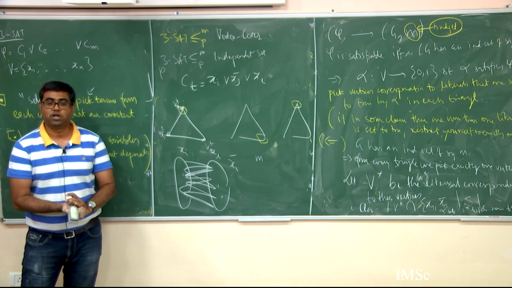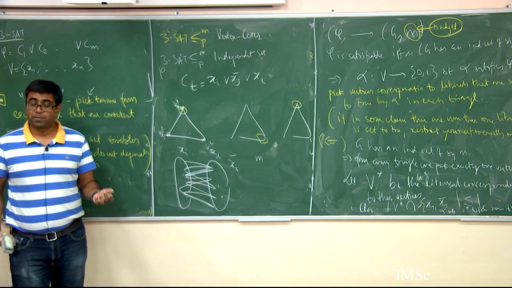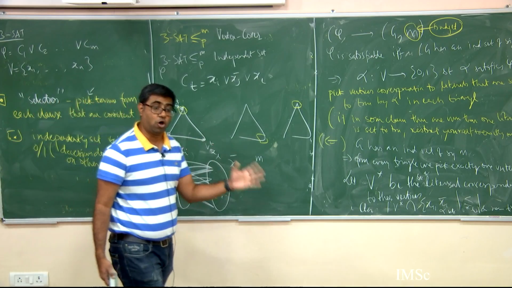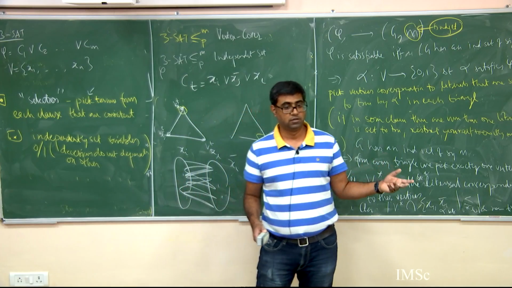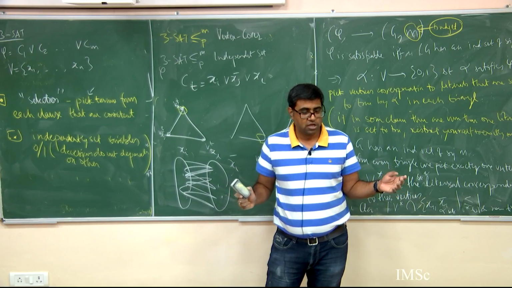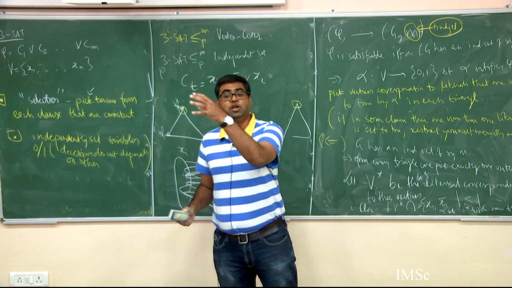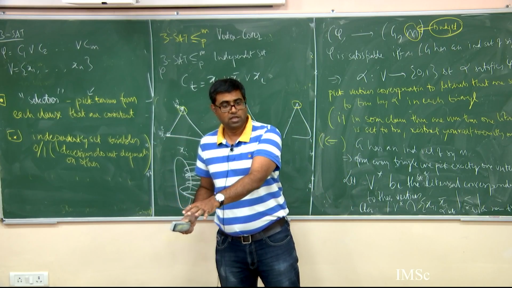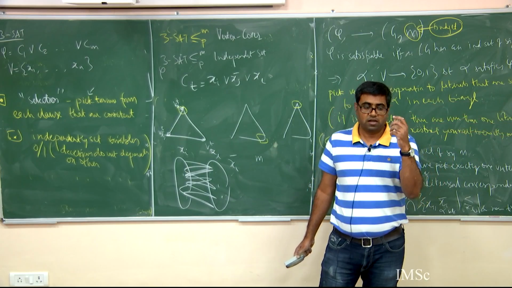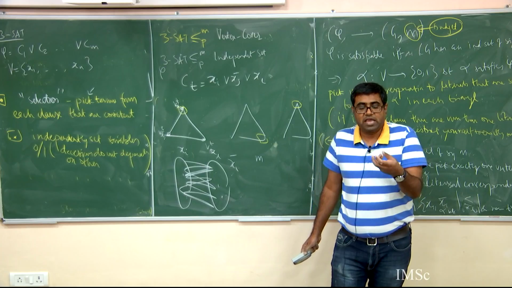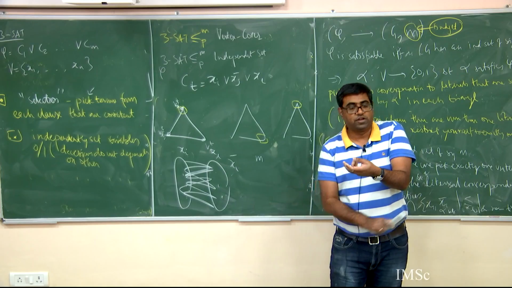So from every clause, we picked 1 literal, and they are independently picking something from each clause. So now you have to be consistent, right? That you are not picking xi and xi bar from somewhere. If I decide to pick xi from one clause, you are picking xi from every other clause, because when I say picking, it means xi is set to 1 and that is used to satisfy that clause.